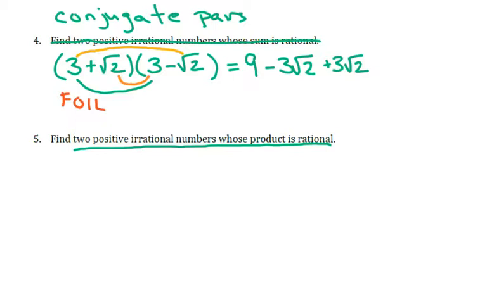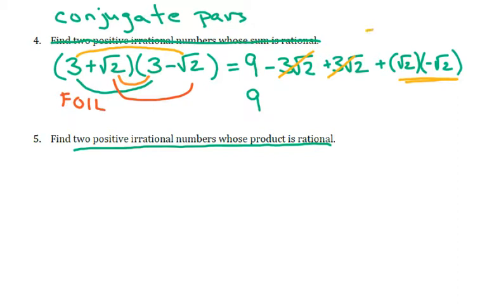And last, what is last going to be? That is the square root of 2 times the negative square root of 2. Now, I can see that these cancel each other out.